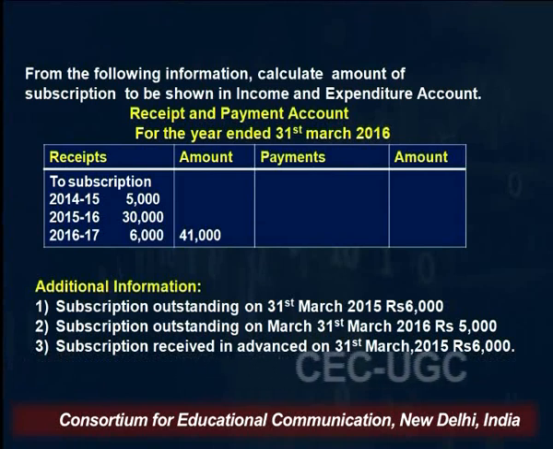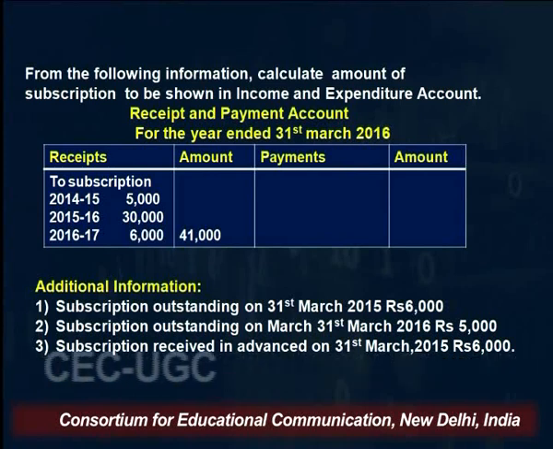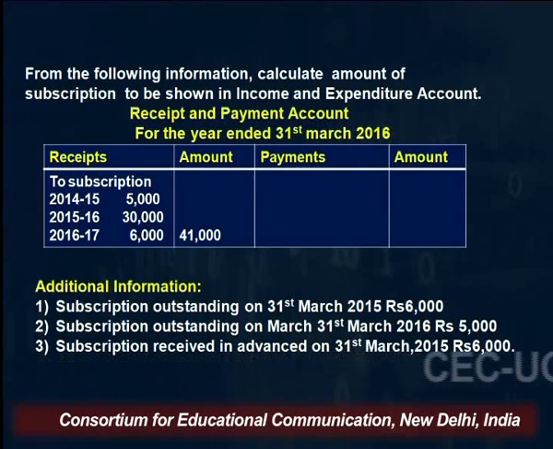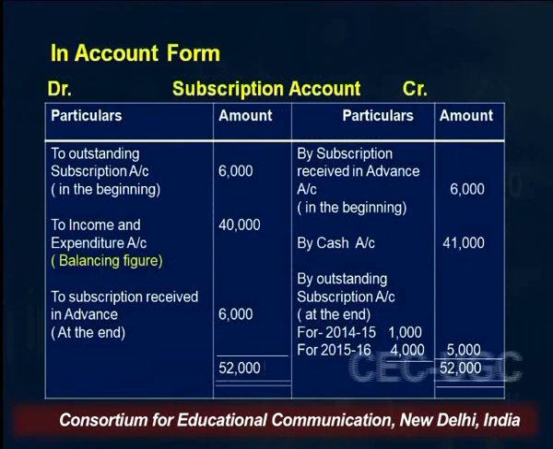And in the additional information, the total amount of subscription which was outstanding was 6,000. That means the income outstanding from the previous year was 6,000, out of which we have received only 5,000. So still 1,000 is outstanding. Any income which is outstanding till date will be shown at the end, and because of that, the outstanding subscription is shown as rupees 1,000 for the financial year 14 and 15.